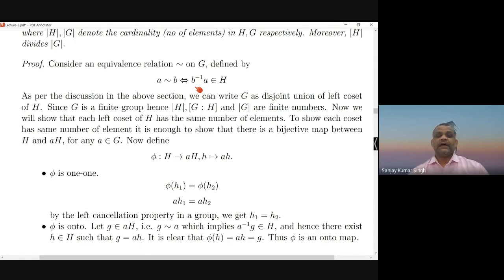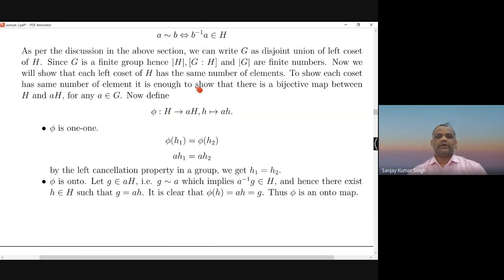So I can write G as a disjoint union of left cosets. Now I will prove that if I take two left cosets, then they have the same number of elements. So here is a proof.